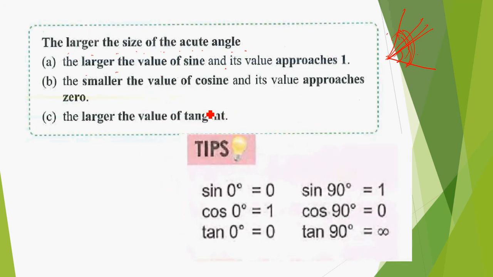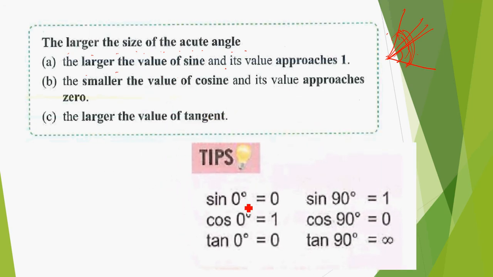So this is the conclusion, the tips. sin 0 is equal to 0, sin 90 is equal to 1. That means from 0 to 1. When the angle goes from 0 to 90, it approaches 1. This is 0 degrees, this is 90 degrees. So from 0 to 90, the value of sin increases until it becomes 1.